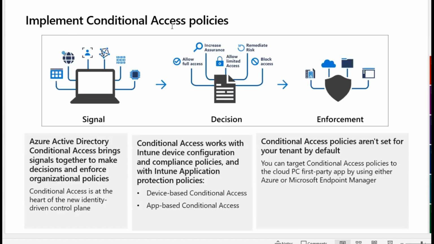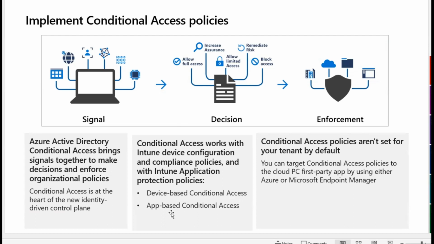Implement conditional access policies. Azure Active Directory Conditional Access brings signals together to make decisions and enforce organizational policies. Conditional access is at the heart of the new identity-driven control plane. Conditional access works with Intune device configurations and compliance policies and with Intune application protection policies.